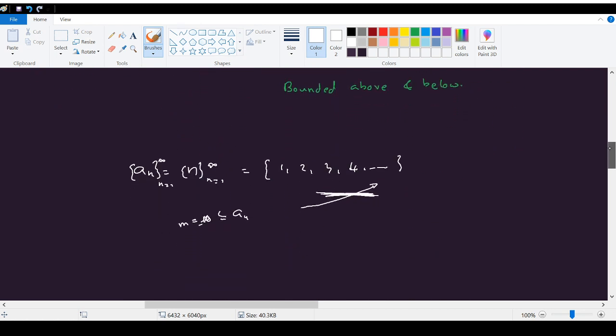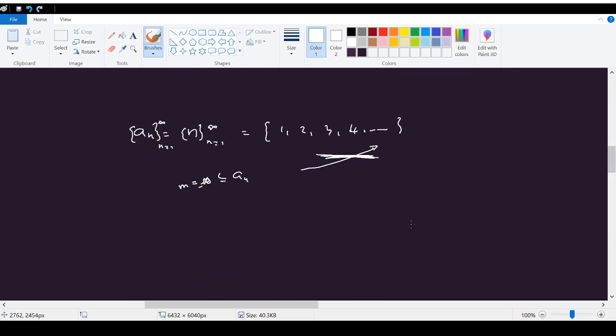But if we consider a sequence like 1 over n, right? Now, if we consider our sequence as 1 over n starting from 1 to infinity, you can see that the sequence points will start at 1 and go down to 0 in a decreasing manner. So, this sequence will have both a lower bound and an upper bound.